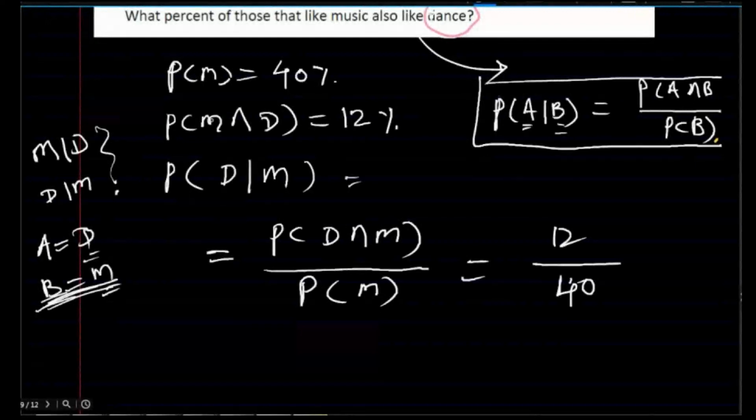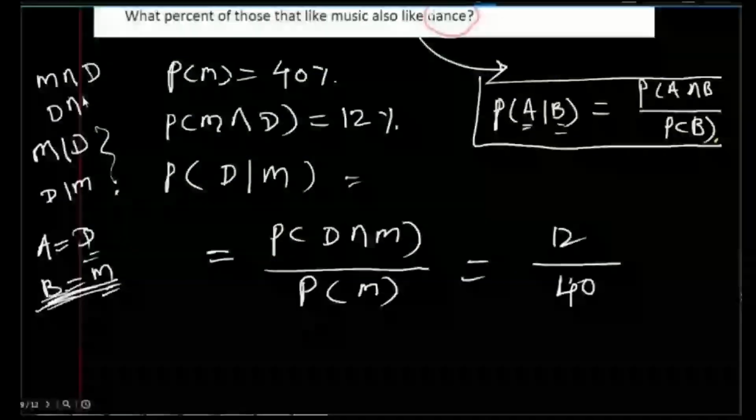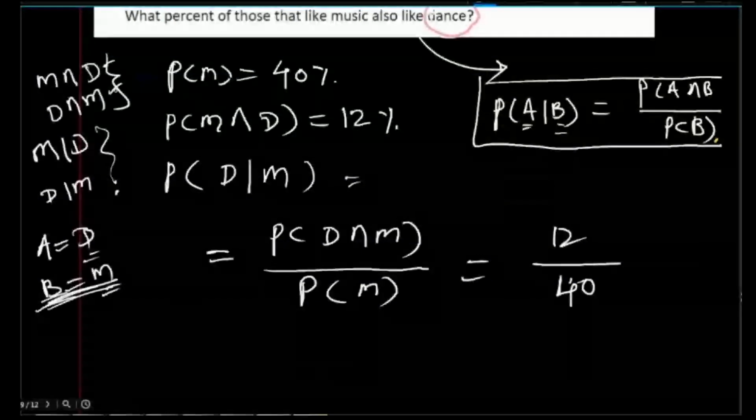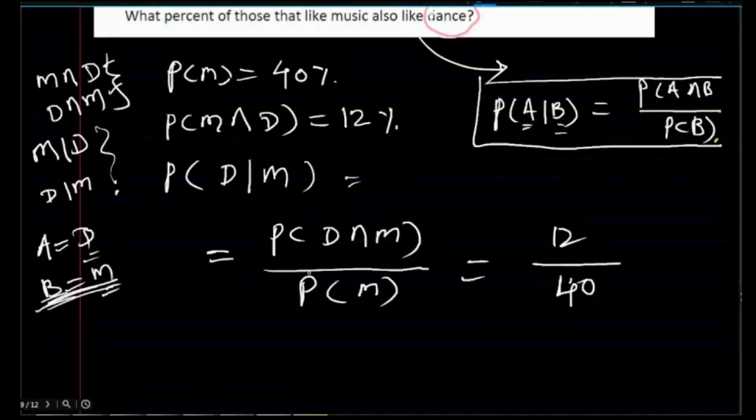D and M, and here we have written it as M and D. So whether M and D and D and M are the same? Intersection means common elements. So if you take it as M intersection D or D intersection M, it is going to be the same. So that's why it will not make any change.